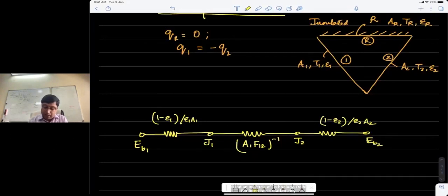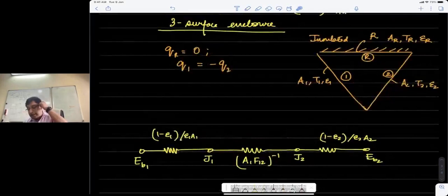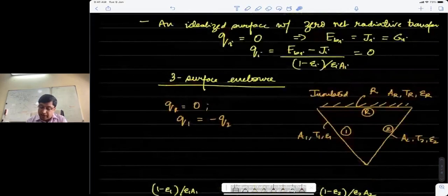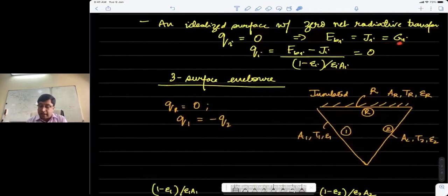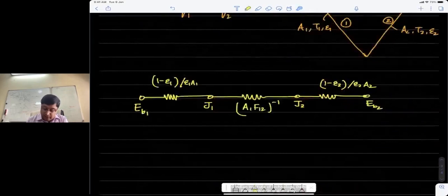But even though I said that surface R is insulated, it doesn't mean that it cannot receive irradiation. So we wrote here that Ji is equal to Gi. So it has some finite irradiation and it has some finite radiosity. So what we will now have is a modification here.